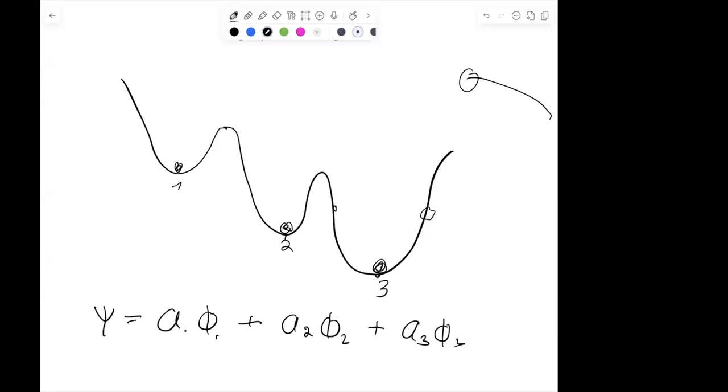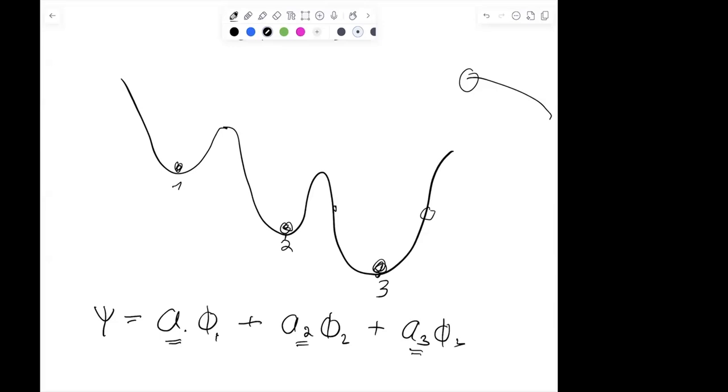Before we did the measurement, our wave function is a superposition, a combination of the three. Now, phi1, phi2, and phi3 are the states of the system. And these constants, very important, are complex numbers.